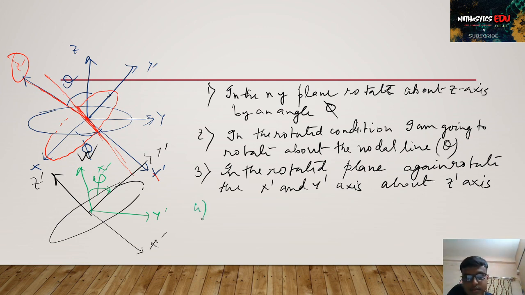Okay, so this amount is psi. So what are my three angles of rotation? Psi, theta, phi. These are the three Eulerian angles that we want to finally deal with. Okay, now how are we so sure that we have reached our destination?